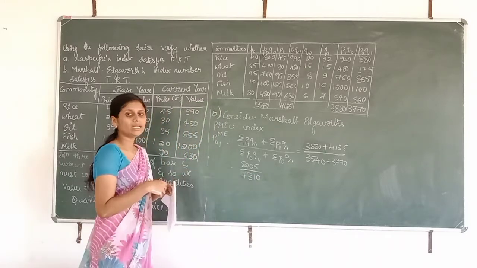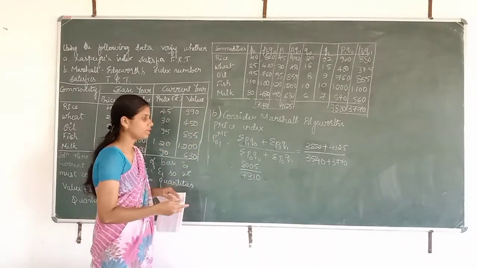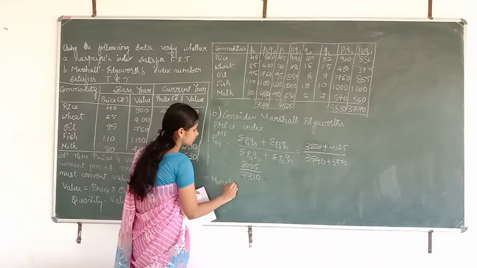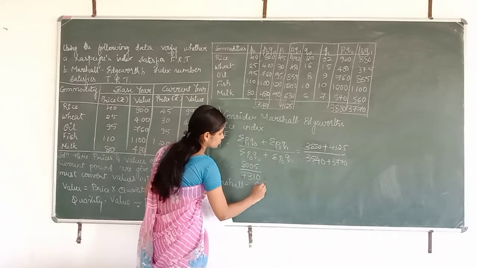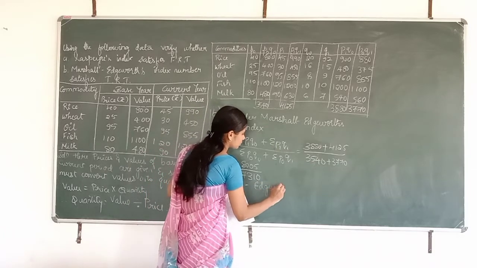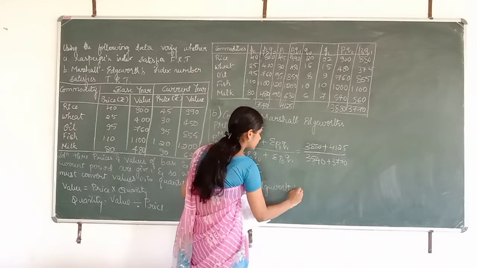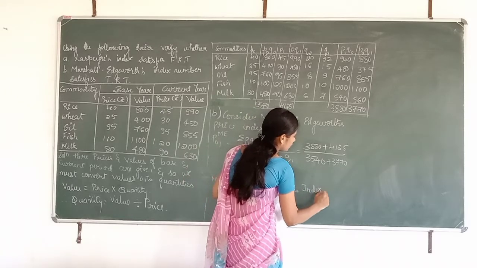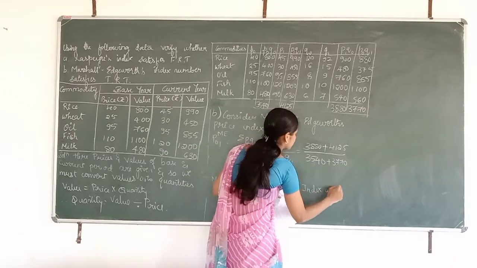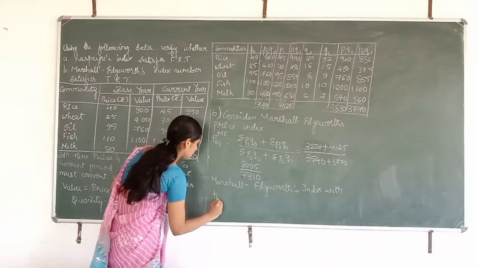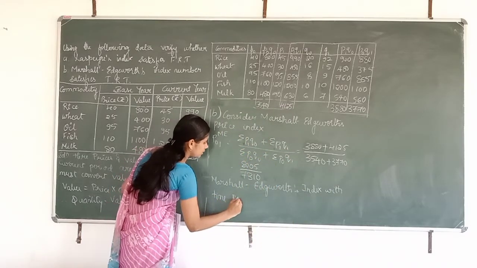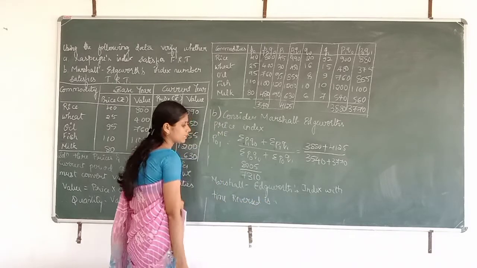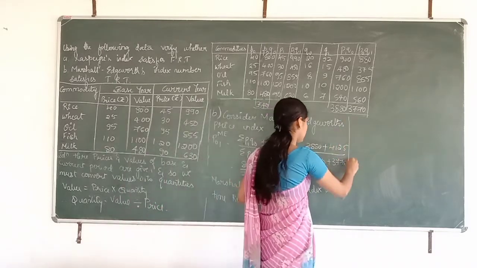After this we need the Marshall-Edgeworth index with time reversed. Now we are going to reverse the time and write the Marshall-Edgeworth index number formula.